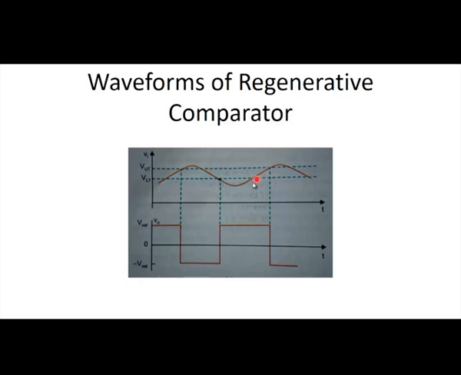The upper threshold voltage is higher, so the output will be plus V saturation, and it is the same for the remaining intersections between the input signal and the upper threshold voltage. One point we have to remember is that the signal is alternatively compared with the upper threshold voltage and the lower threshold voltage in this case.